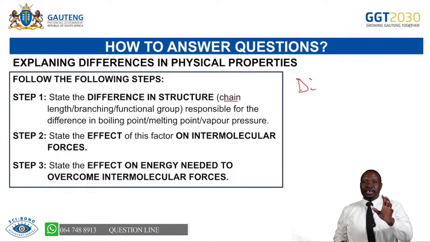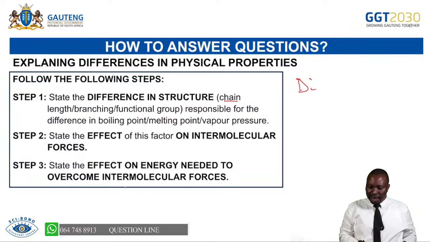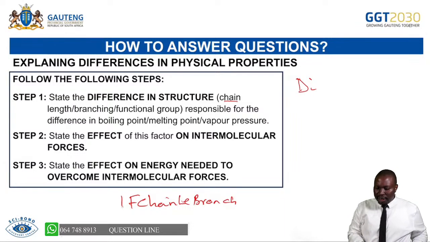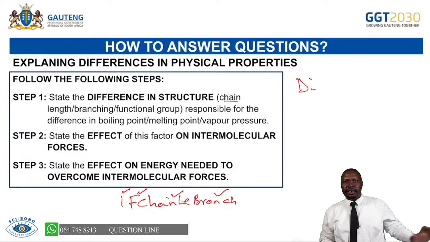Remember, you are saying what is different. So we're saying intermolecular force, functional group, chain length, and branch. These are the differences that you are expecting in the structure.